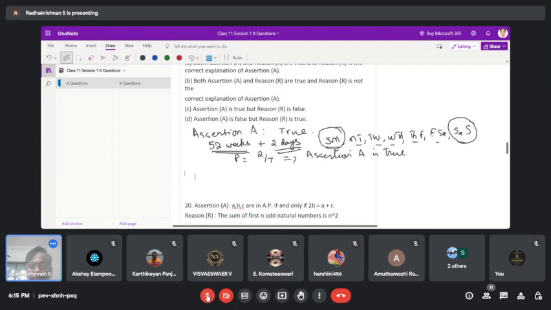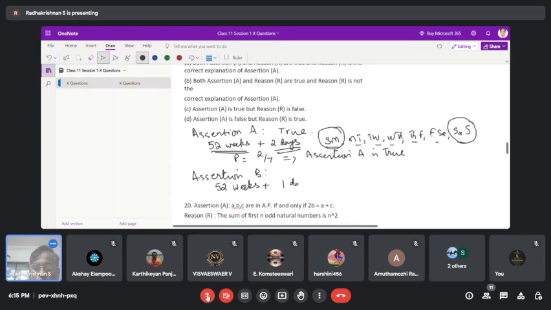That is your assertion B. So in a non-leap year, same way, there are going to be 52 weeks plus how many days? 1 day. So what is the probability that that 1 day should be Sunday? Then only there will be 53 Sundays, right?